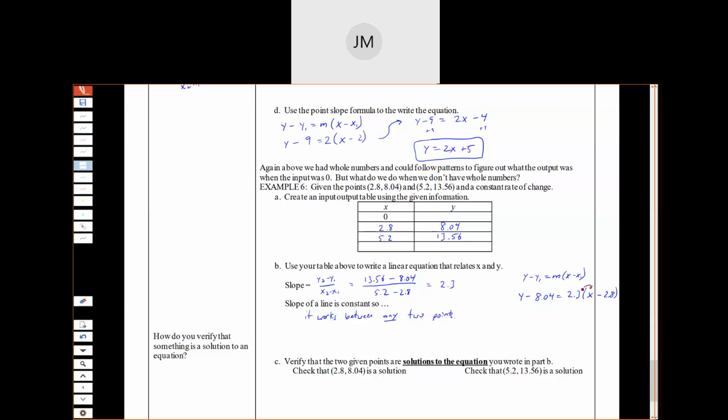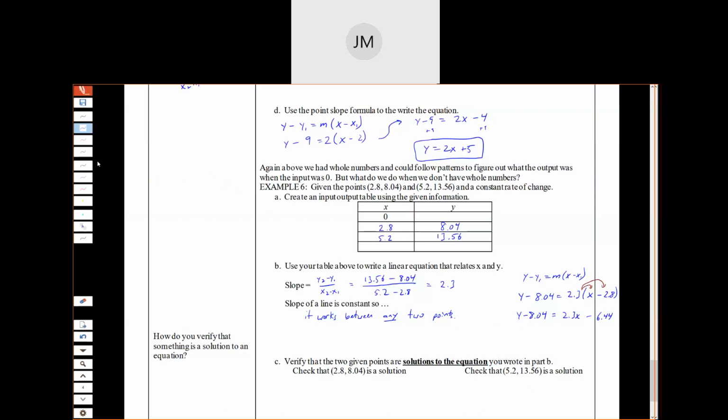And then I'm going to distribute. The left side is staying the same. So I have 2.3x, and then if I take my calculator, 2.3 times negative 2.8 gives me negative 6.44.